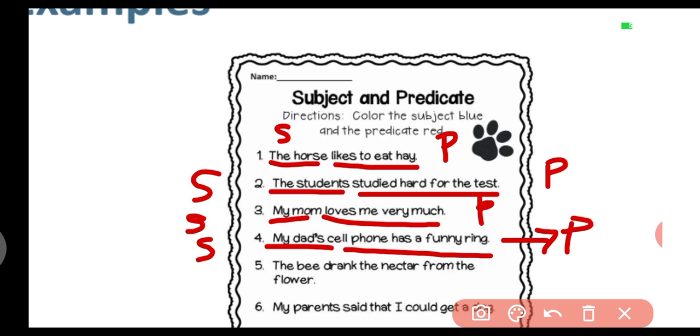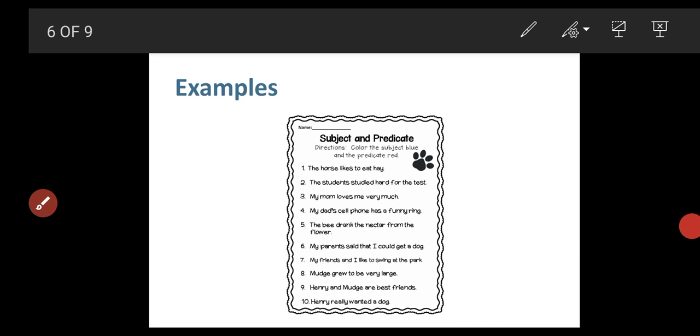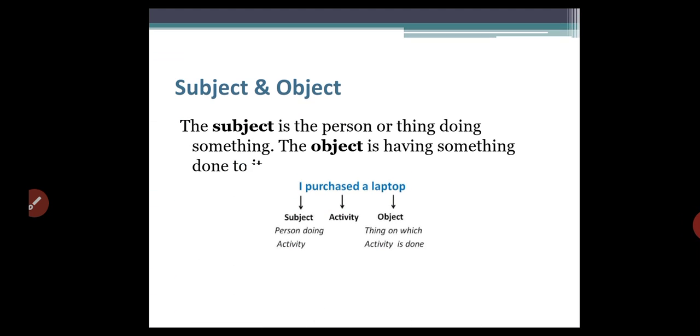The bee drank the nectar from the flower. The bee is the subject. Drank the nectar from the flower is the predicate.